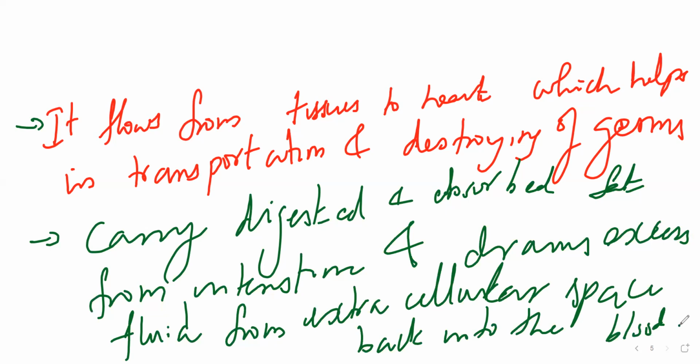Coming to the blood, I would now talk about blood vessels. There are two types of blood vessels, arteries and veins.